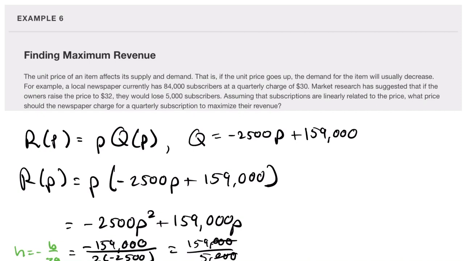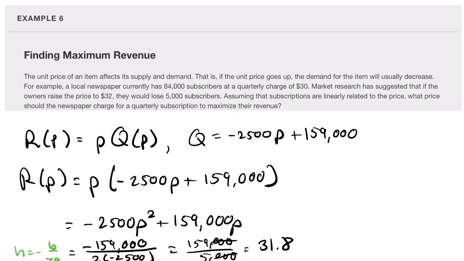Siri, what's 159 divided by 5? 159 divided by 5 is 31.8. That's the X coordinate. So the revenue is going to be maximized when the price is $31.80.